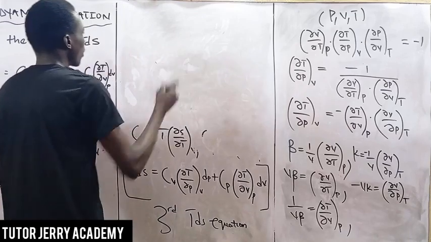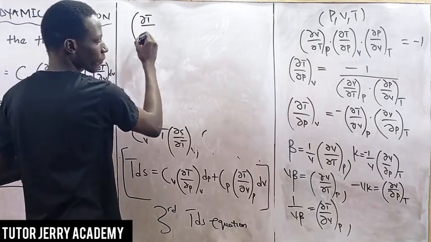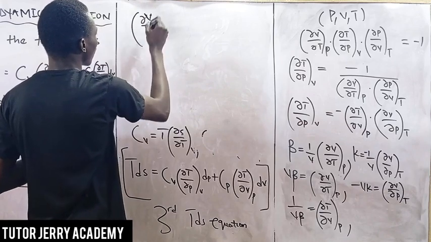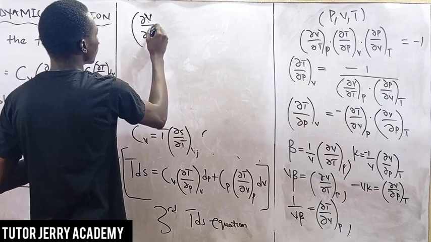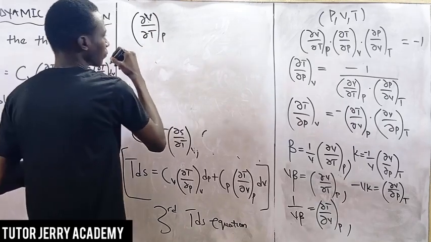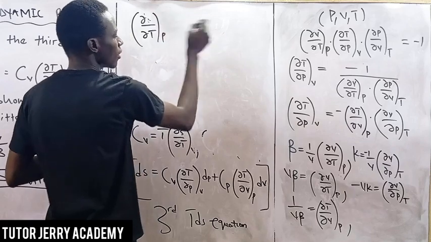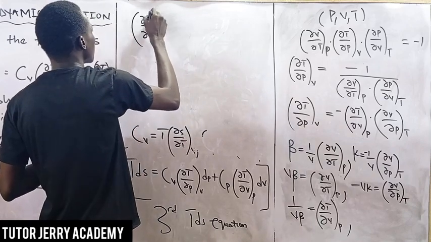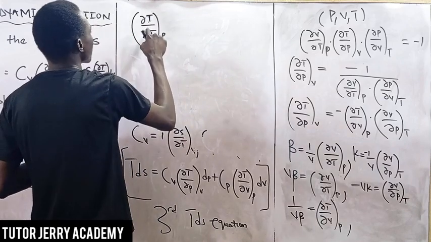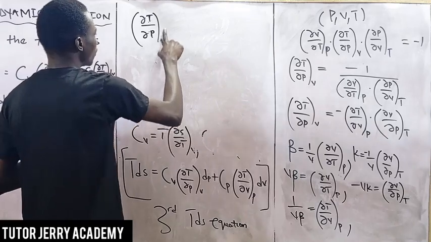If we do that, we are going to have the bracket of the partial derivative of t all over the partial derivative of v, rather, all over t, keeping p constant, times the partial derivative of t all over the partial derivative of p keeping v constant.